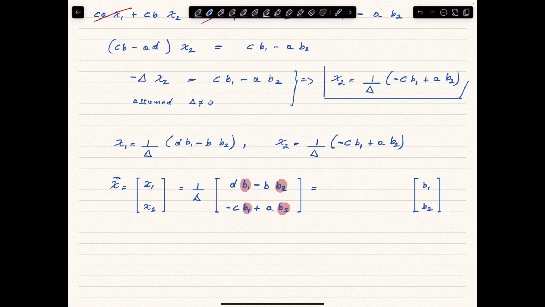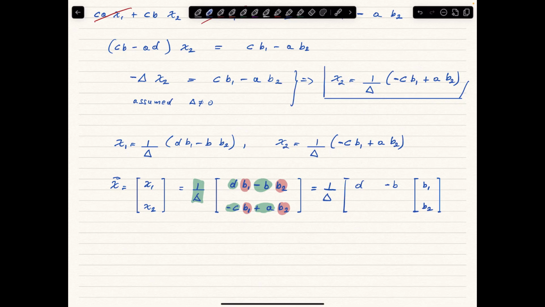And what components does this matrix have? It's going to have this factor here, and then this component in the component 1 1, and this number here in the component 1 2. So it's going to be something of the form 1 over delta multiplying all the components, and then we are going to have d and minus b, and then negative c and positive a.